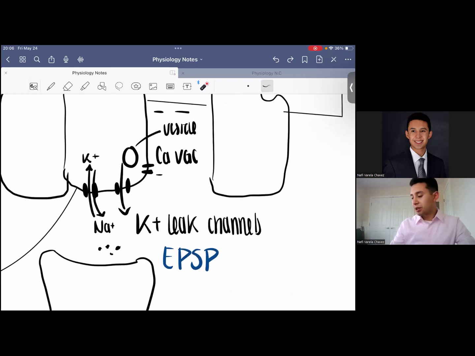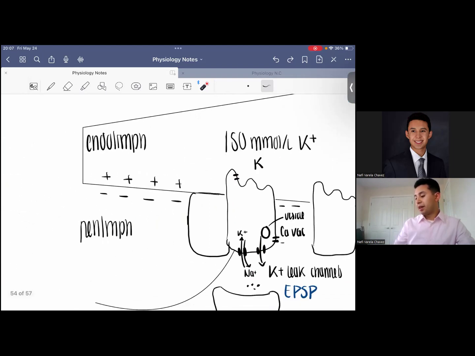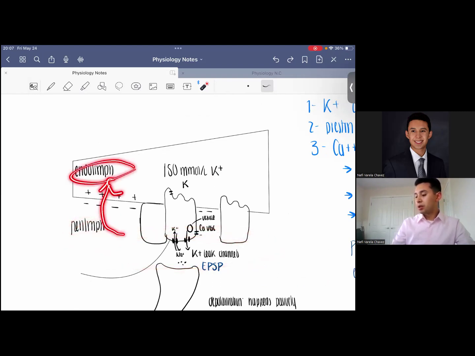And again, it's worth mentioning that we have this sodium-potassium pump, these channels here, and this potassium leak channel. So potassium is going to go from here to here, then from here to here. And then it's going to be taken to this part, to the perilymph, where it can be reused in the endolymph to repeat that process.